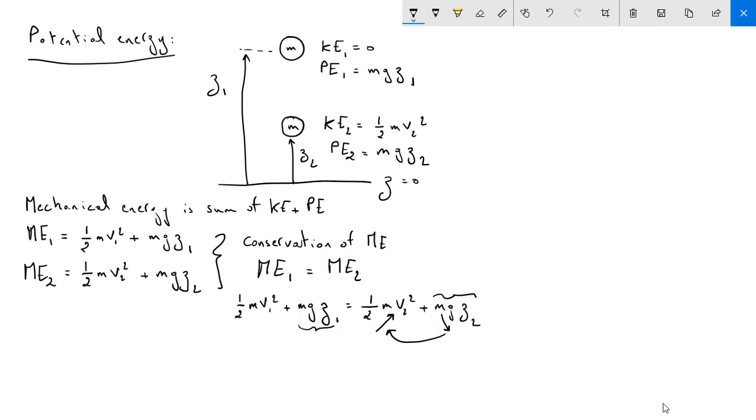So the energy is conserved, but it is converted from one form to another. So energy can be converted from one form to another.